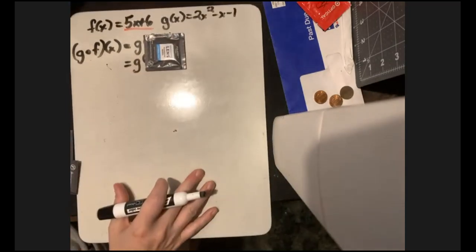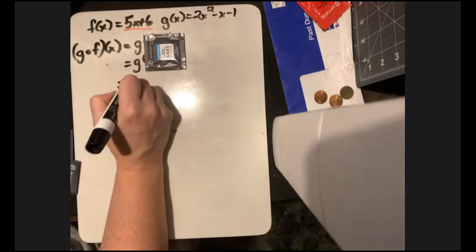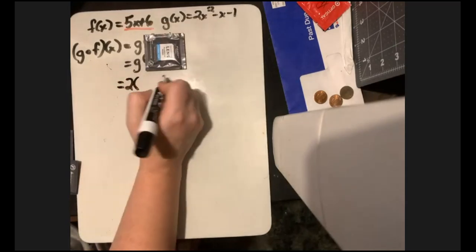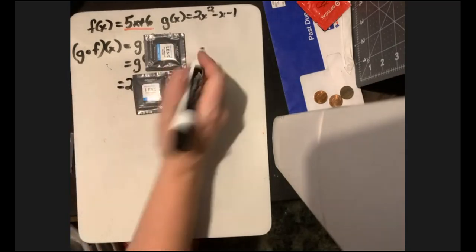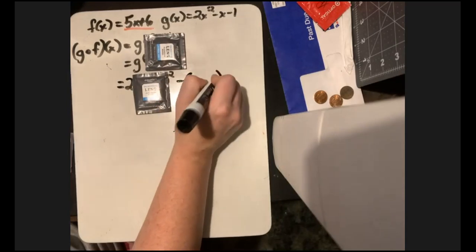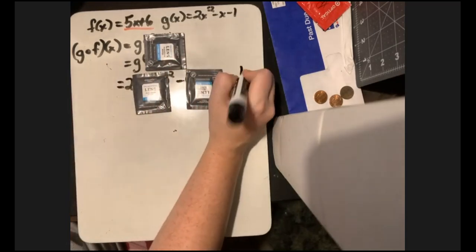So now, when I'm looking at my g of x, this is going to be 2 glasses cleaner squared, minus glasses cleaner, minus 1.